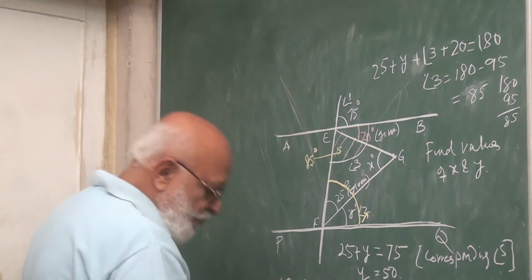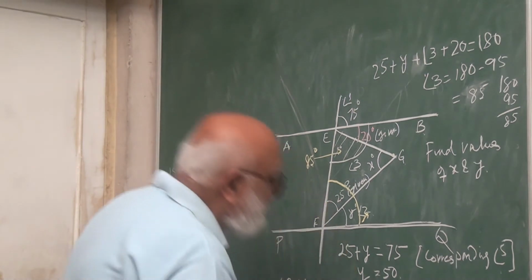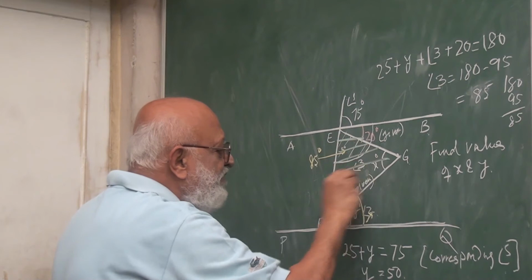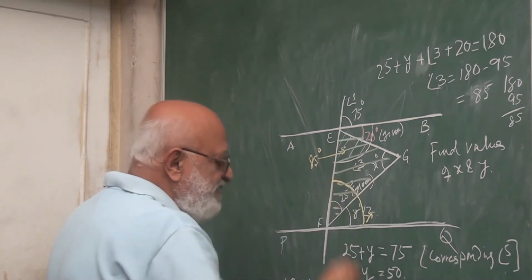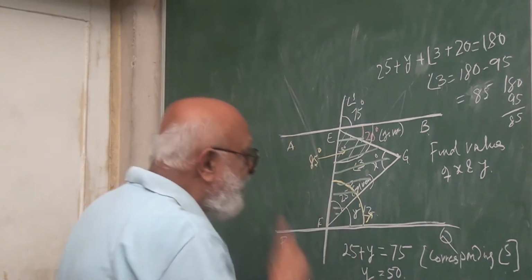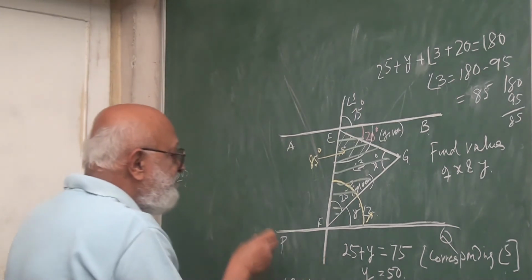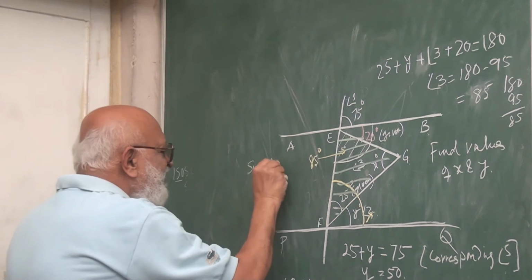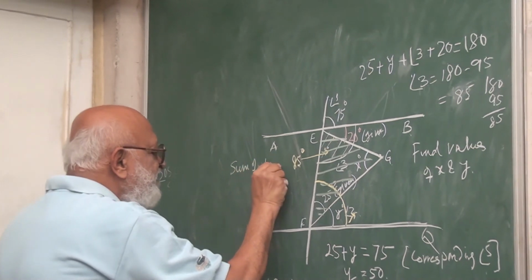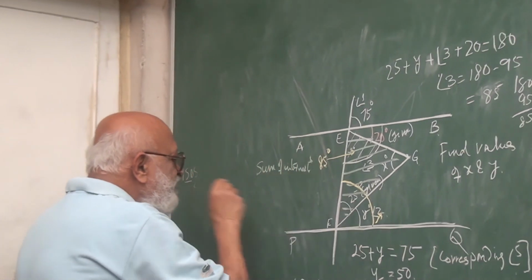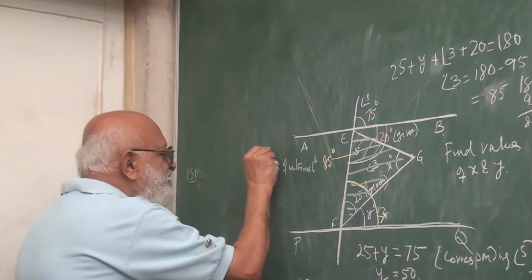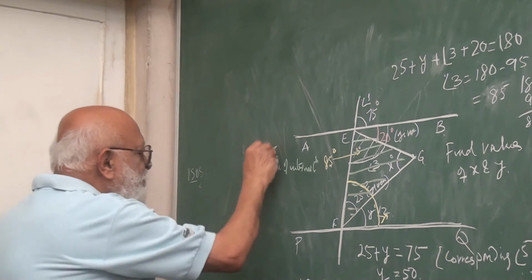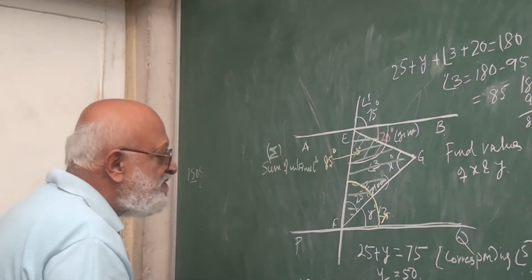Now let us look at this particular triangle. You need a little bit of logical thinking in this case. In this triangle, again, the sum of internal angles: x plus 25 plus 85 equals 180. Next time I don't have to write sum all the time.